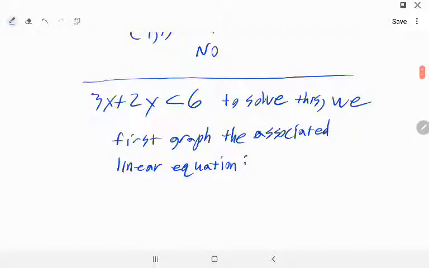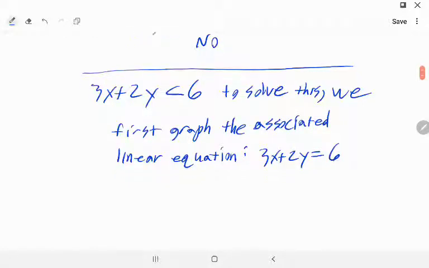In this case, that would be 3x plus 2y equals 6.